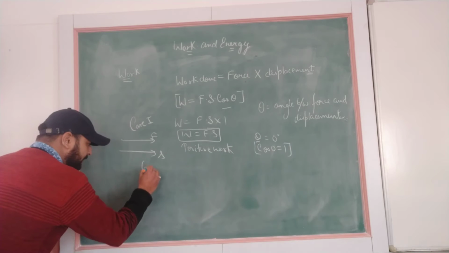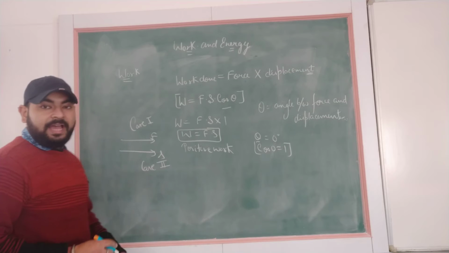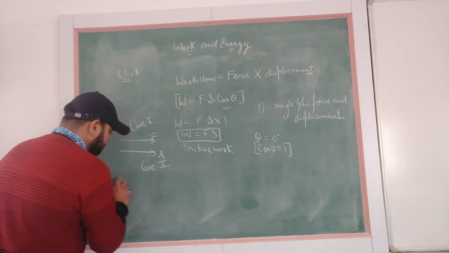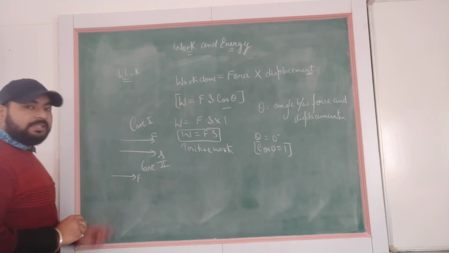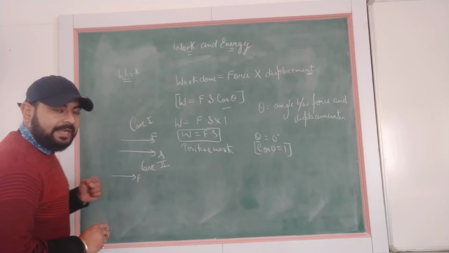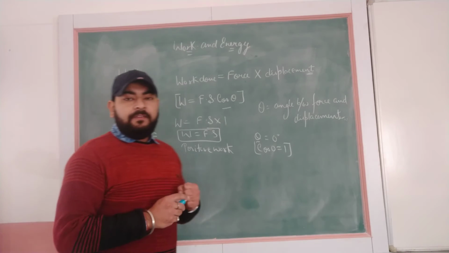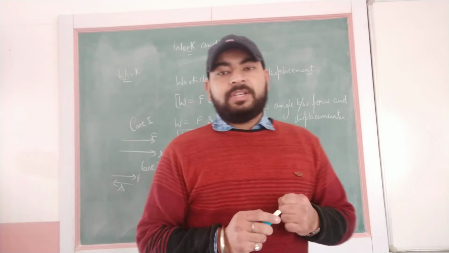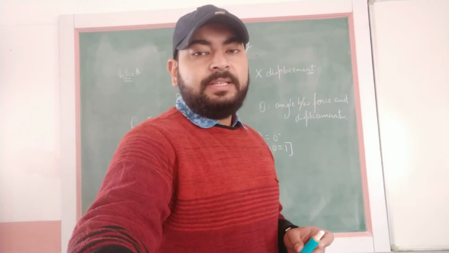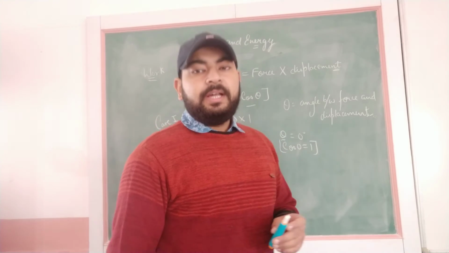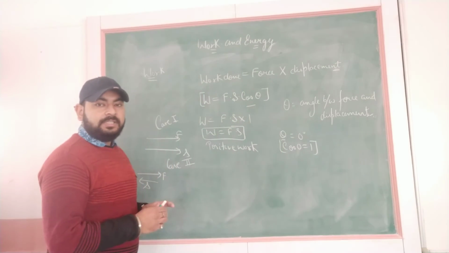Then in the second case, we have the force in a particular direction and the displacement in the direction opposite to it. What will be the condition? Let us see.